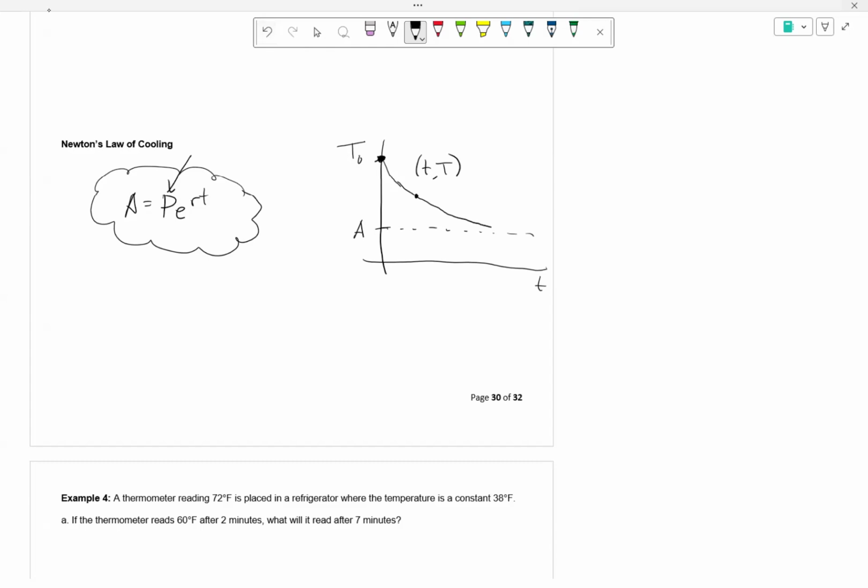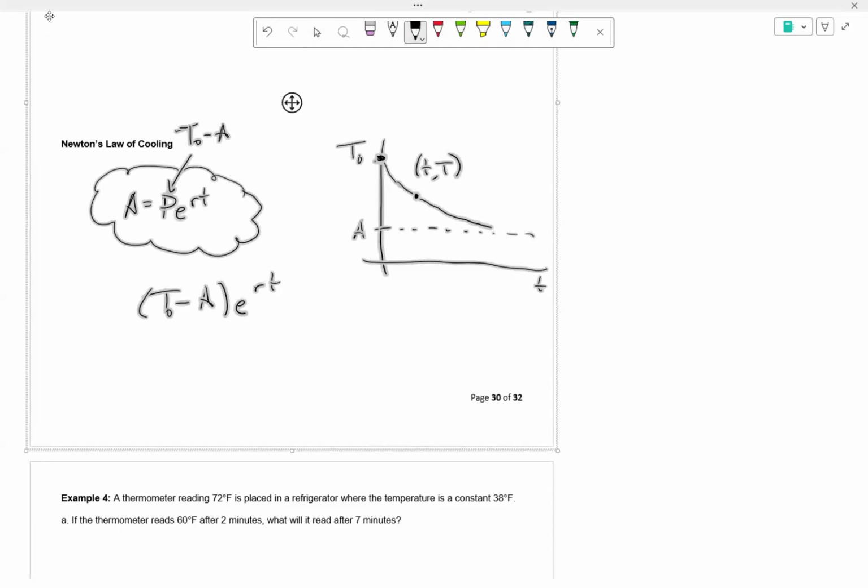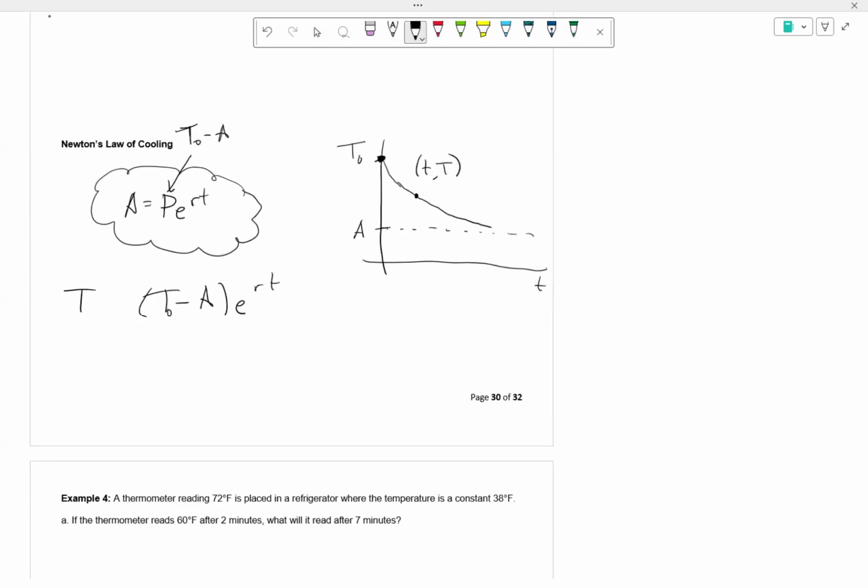So this is T naught minus A. R, we'll keep it as R T, and A is no longer A, it is now T. And what else do I have to do? Plus A.